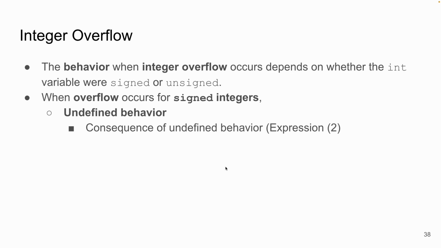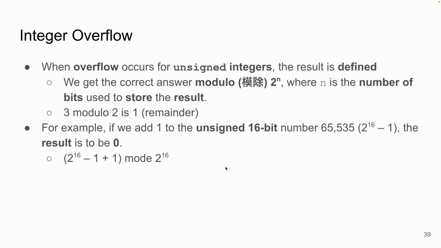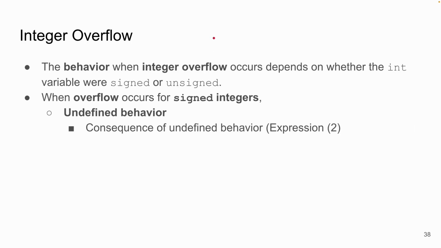We actually talked about the negative consequences of undefined behavior in expression 2. So undefined behavior is the thing you want to avoid. Please make sure to avoid integer overflow when you use signed integers. So that is the case for the signed integer.